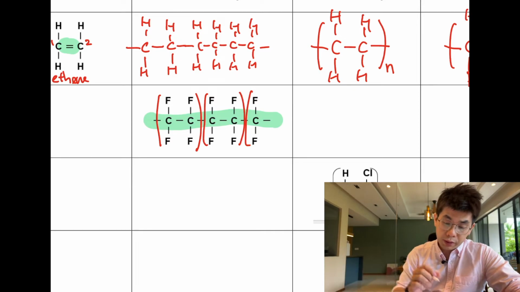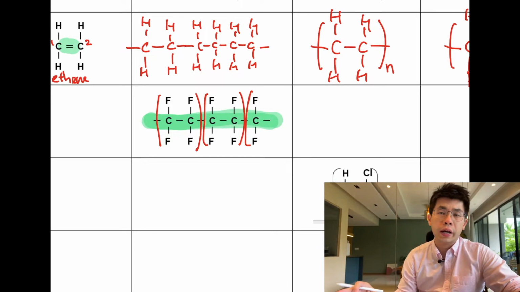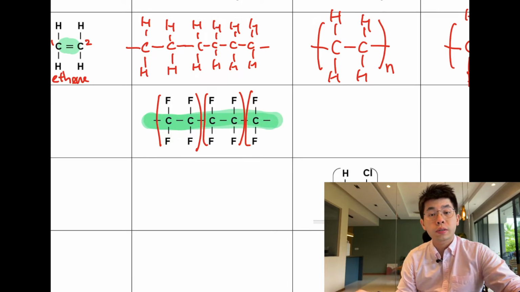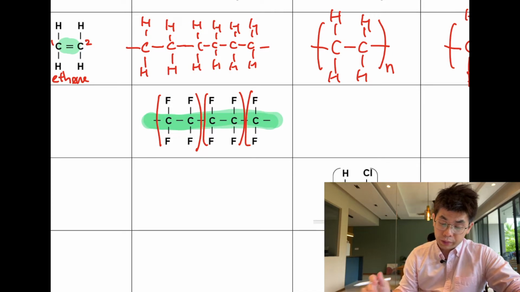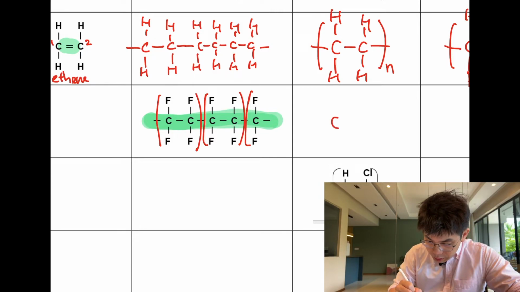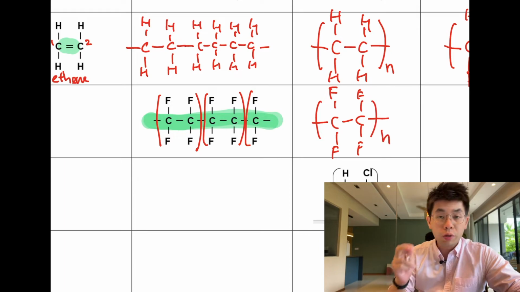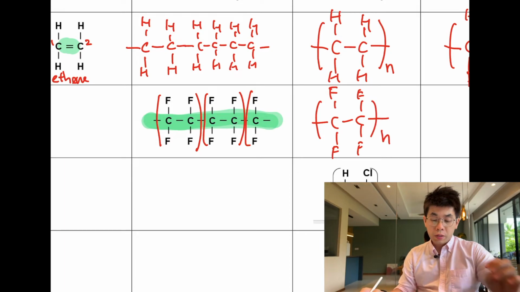I repeat, the center chain is all C's, so there are no O's or anything. This shows that this is possibly an addition polymer. You see how I draw the bracket? What I have is C, C, F, F, F, F, and then brackets, and then I put an N because there are many.